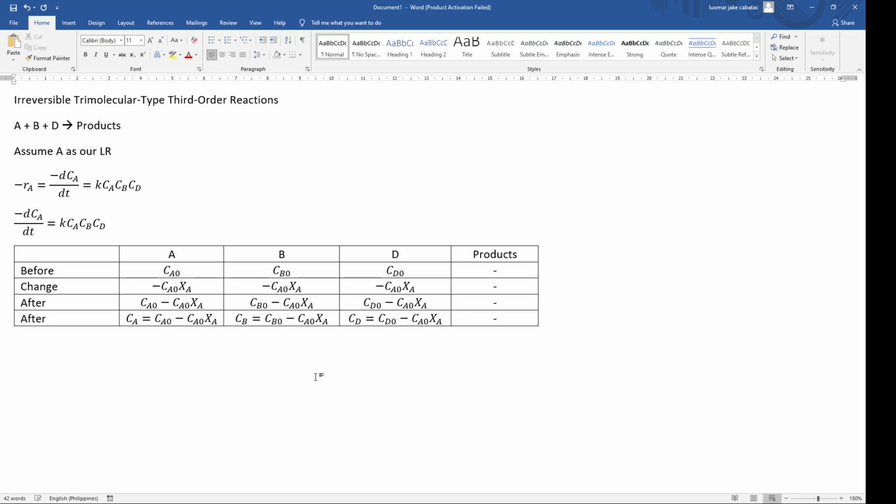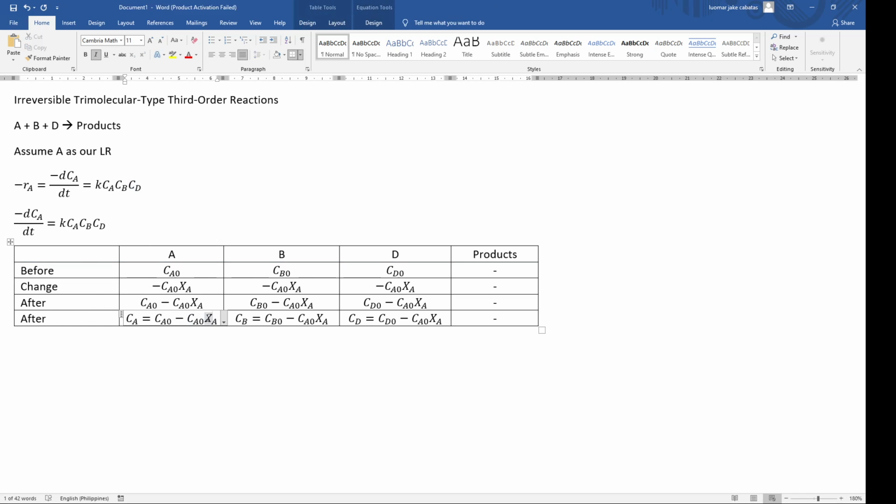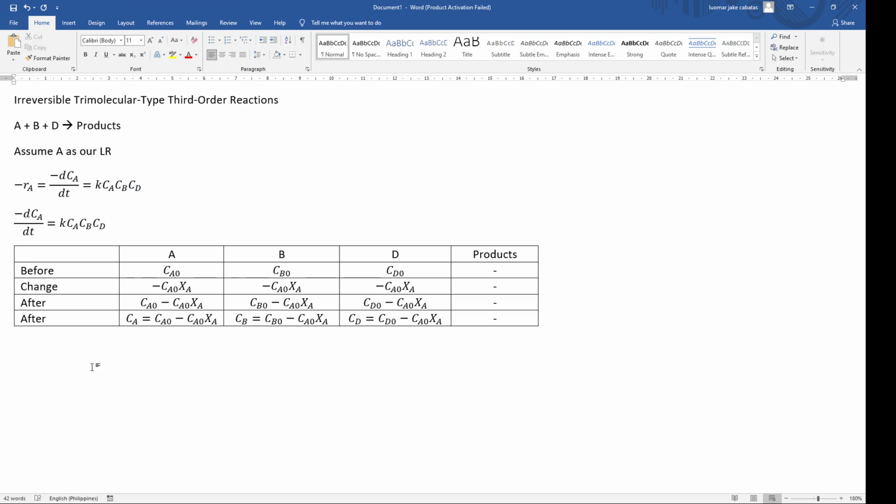So we now have a relationship between CD, CB, and CA in terms of CA0 and XA. And if you remember, we also have the relationship between dCA and dXA.